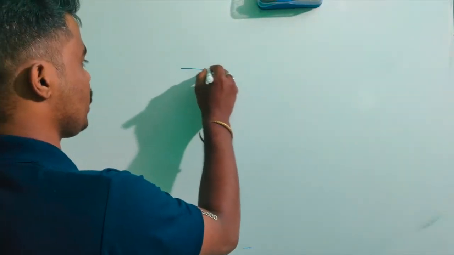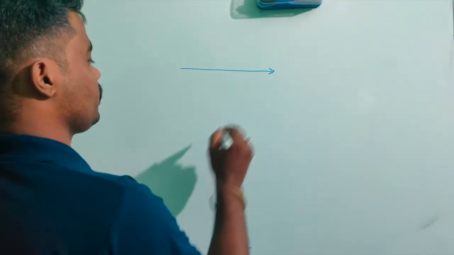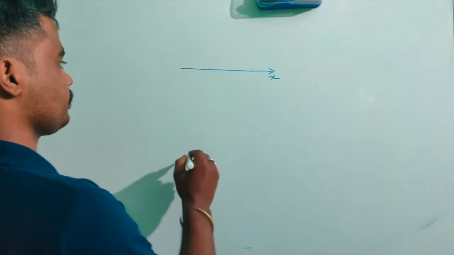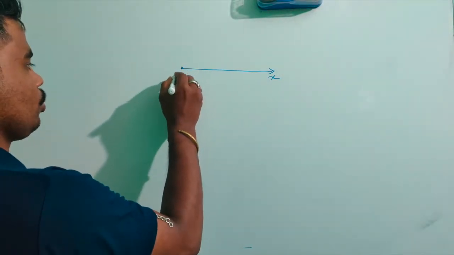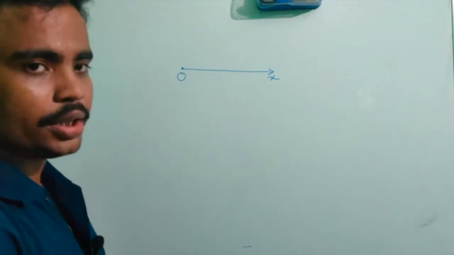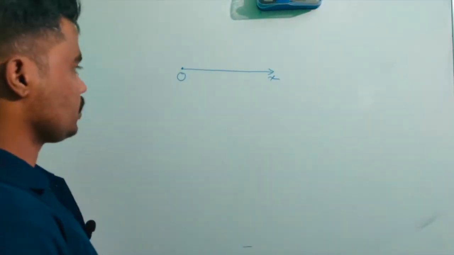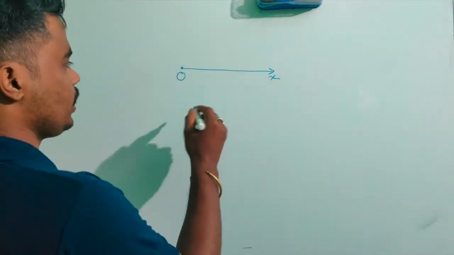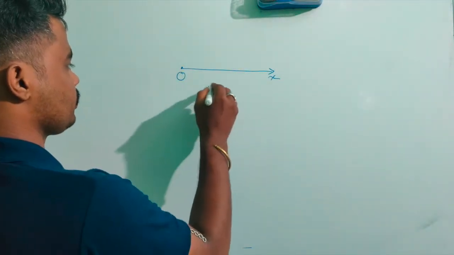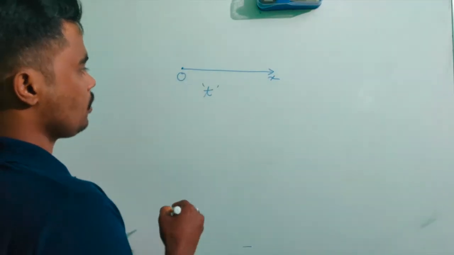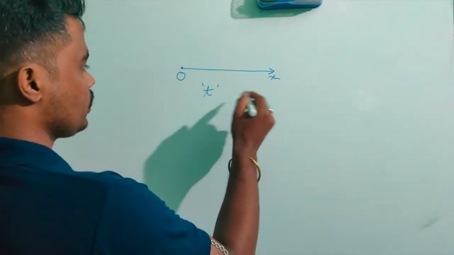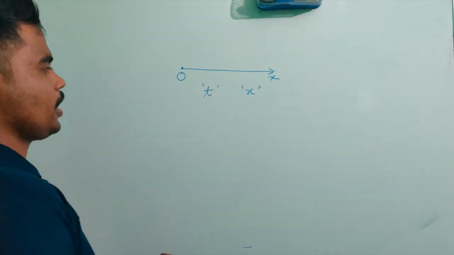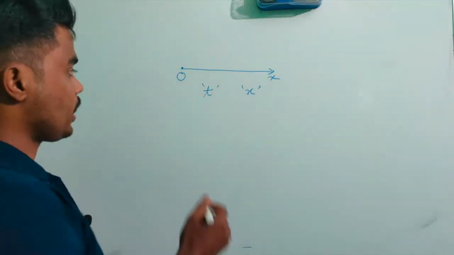Suppose a particle is moving in a straight line along the positive x direction. Here O is the origin from where the particle started its motion, and at any time instant t, the position of the particle, say x, we can write as a function of t.